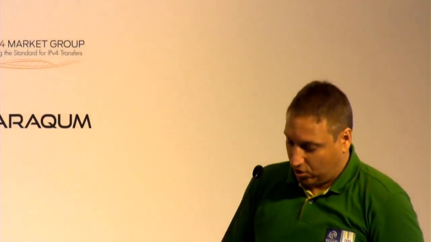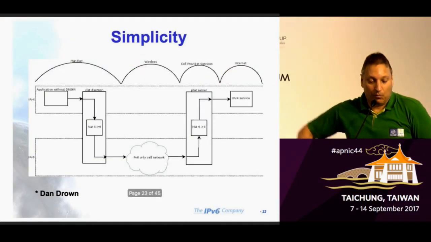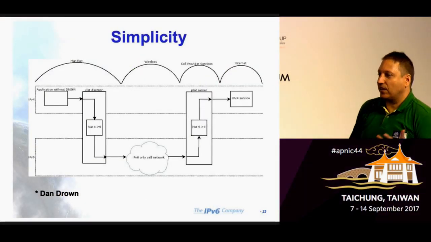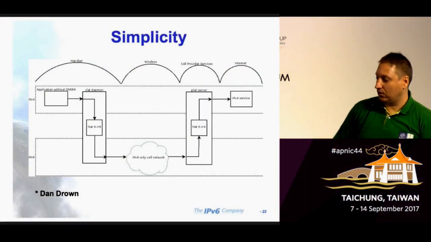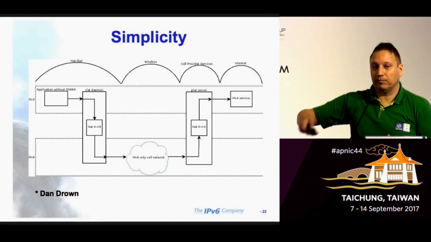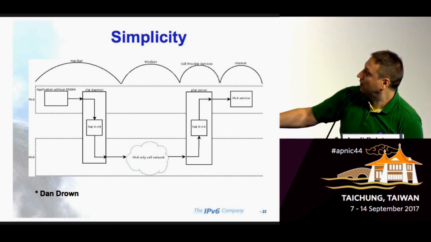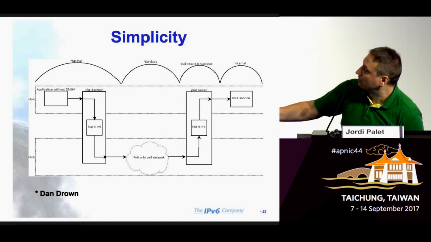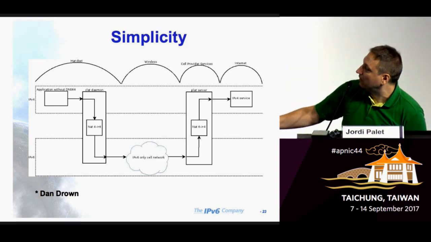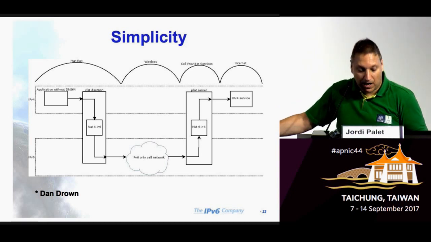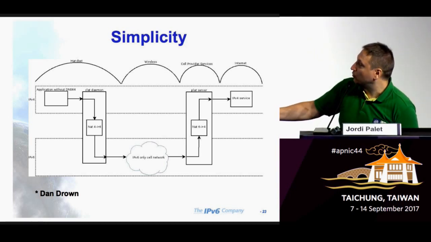Okay. So, this is basically making it simple. If you look at a cellular network, you will have the device here. That's the user equipment. The user equipment has the application without support for IPv6, and then it has the CLAT.